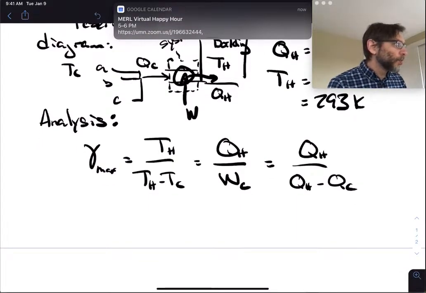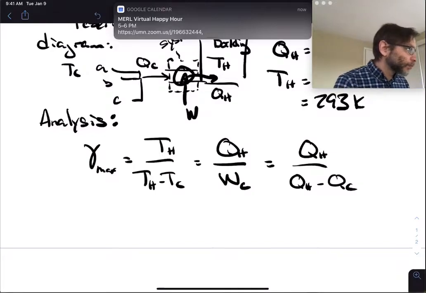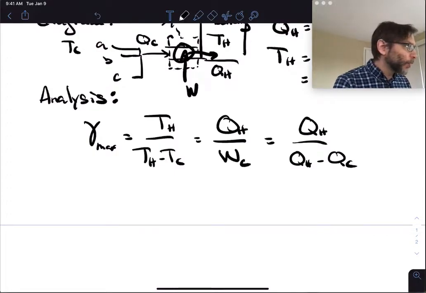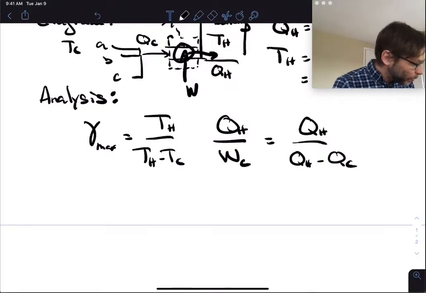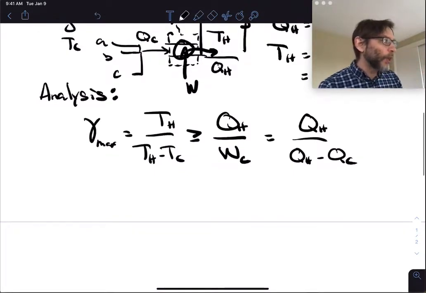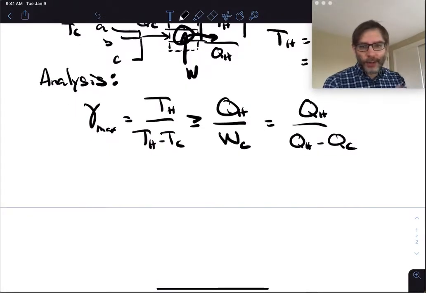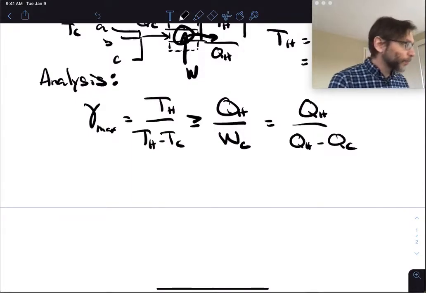And so we need to have this be greater than or equal to this. For an ideal cycle, it's an equality, but in general, we need to have greater work input than the ideal work input for a heat pump.